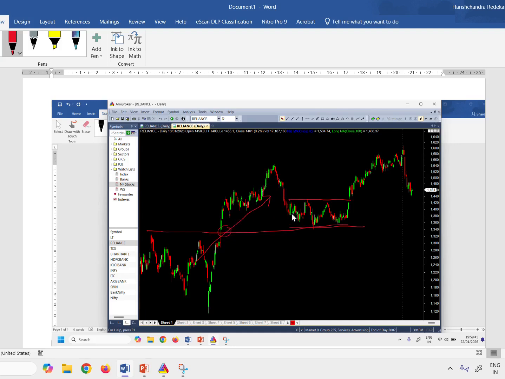Then prices came down. The previous resistance became the new support here. And when prices broke above the 1440 level again, they went up to 1600. And then they came down here, and somewhere here again price may take support and then resume its upward journey.